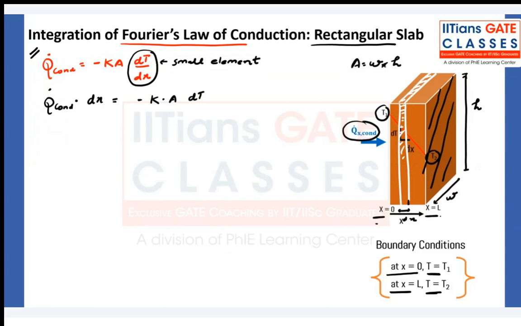Now we need to integrate: x varies from x1 equals 0 to x2 equals L, and temperature varies from T1 to T2.